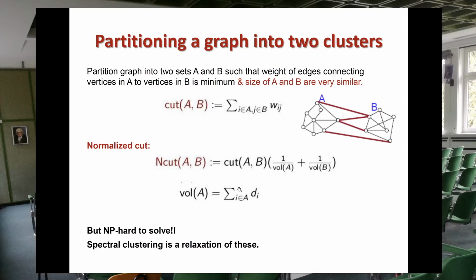Now we need to understand this volume. I'm going to explain this in the next slide, but remember D for some point I or some node I is the sum of all the weights that go out from this node I and connect into every other node in the same set A.